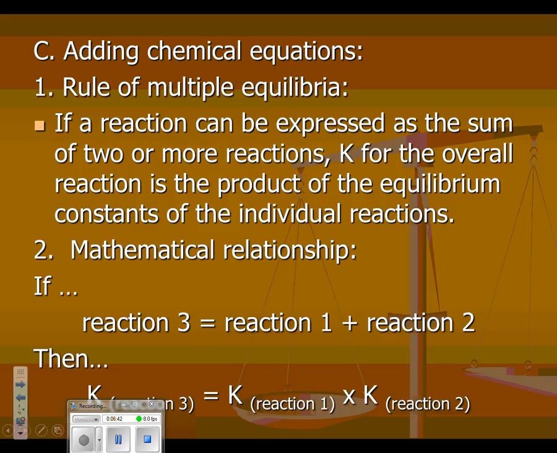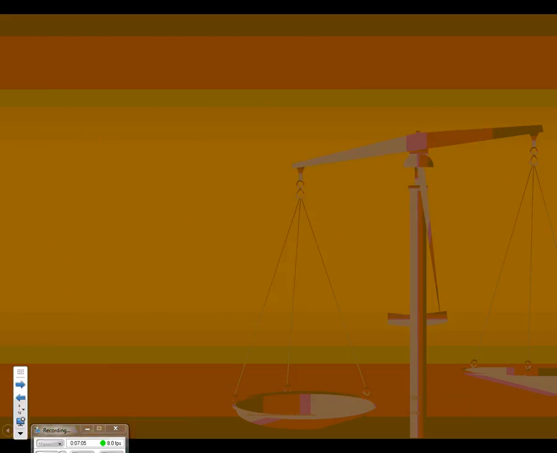K is the equilibrium constant. So if I can take two reactions and add them up to get that reaction, then I can take those two separate Ks, multiply them together, and get the K for that reaction. Now thermal is going to be different. When we get to thermal, it's going to be a little bit different there. So you've got to keep the two separate.